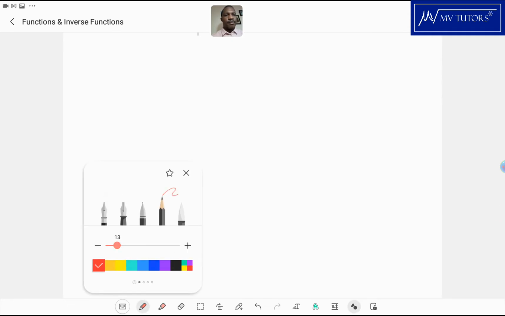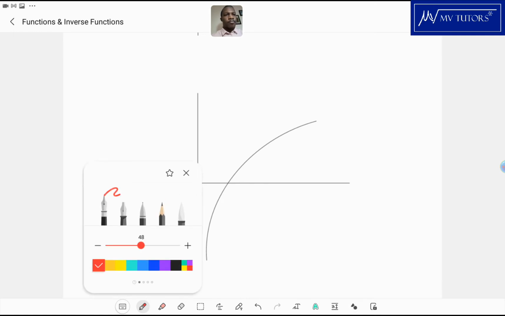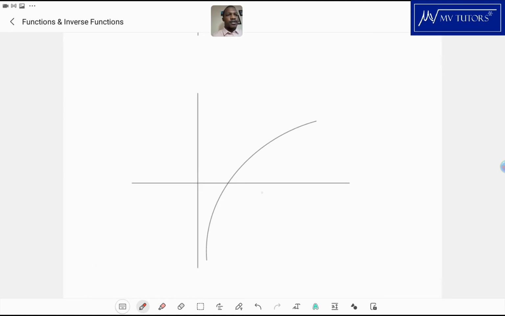Let's just get our pencil ready. Okay, so let's draw a line. Now instead of crossing the y-axis, this one crosses the x-axis.